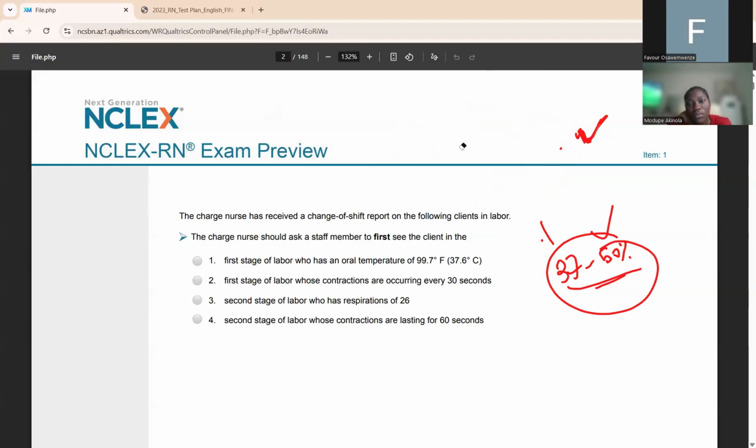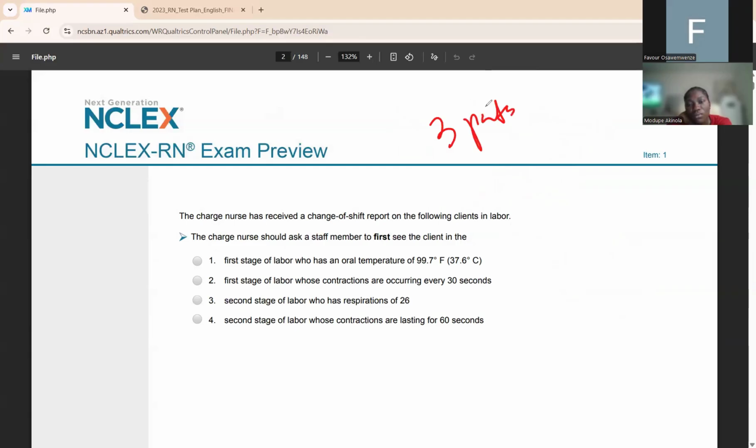Now, when NCLEX writes a question, every NCLEX question, any question you saw on the exam, is related to three parts. We call it the body of the question, the stem of the question, and then your answers.